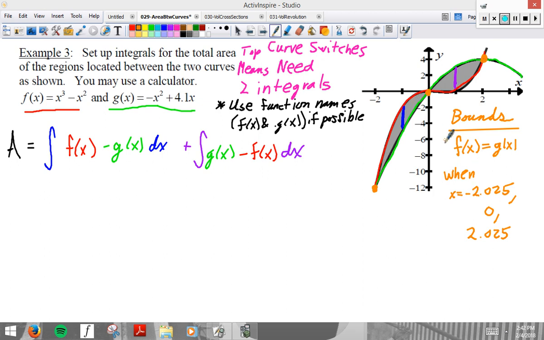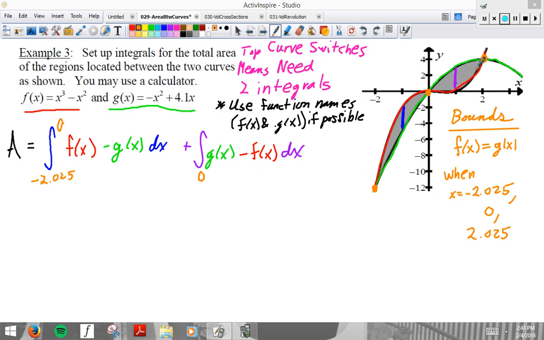So those three intersections, which should go where? Well, -2.025 would be the leftmost X value in the blue region, the area where red's on top. 0 would be the rightmost X value in that region. This one would pick up where the last one left off at 0.